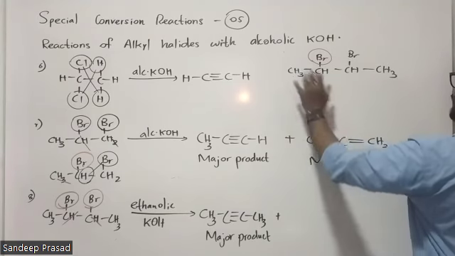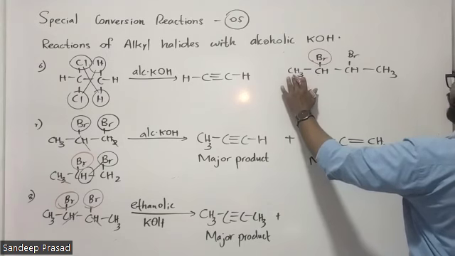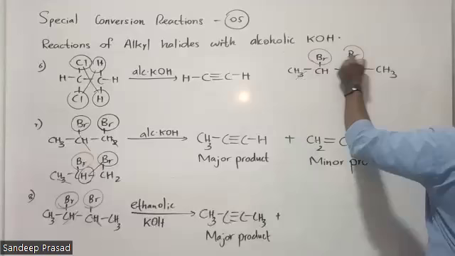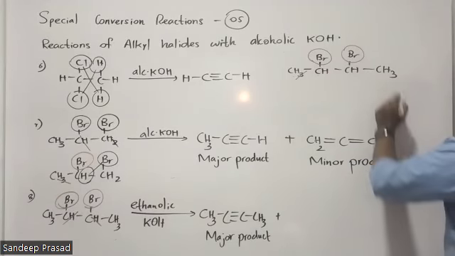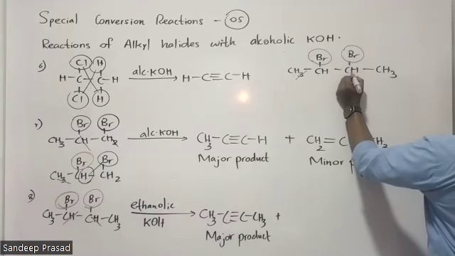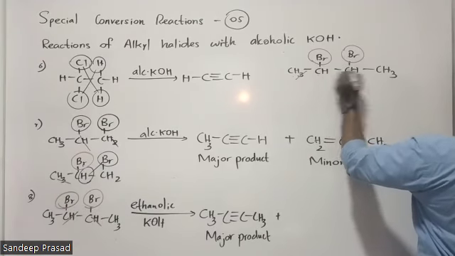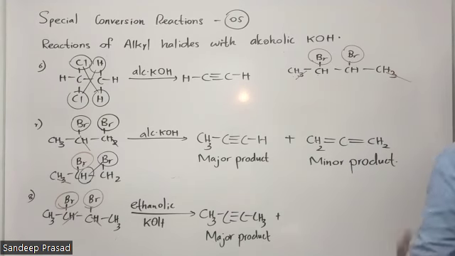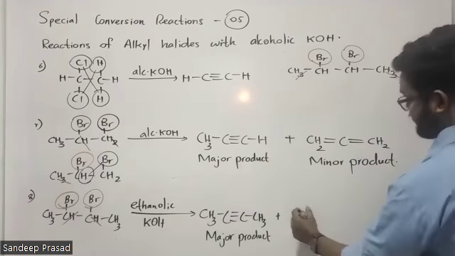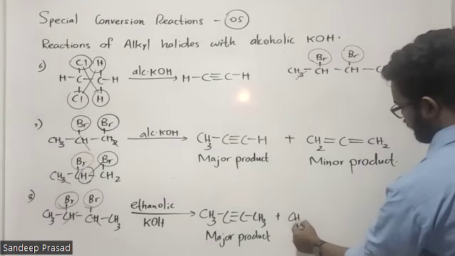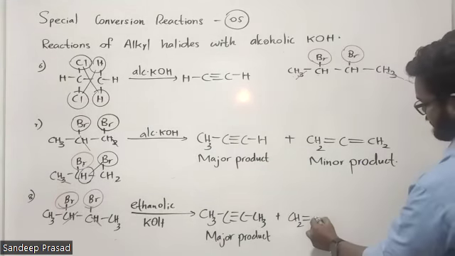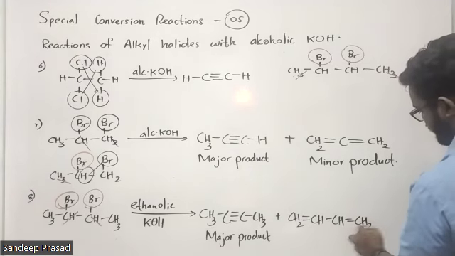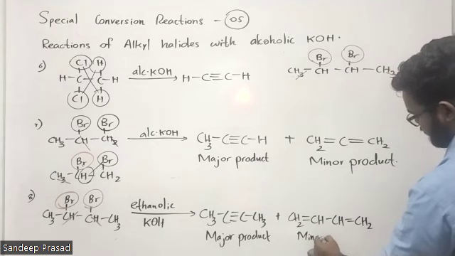So let's not follow the Zaitsev rule. Let me choose this carbon and hydrogen is eliminated. And in this case also, I'm going to violate the Zaitsev rule. Actually, I have to remove hydrogen from this carbon, but I'm going to choose this one by violating the rule. Then you have a product like this, CH2 double bond CH, double bond CH2.